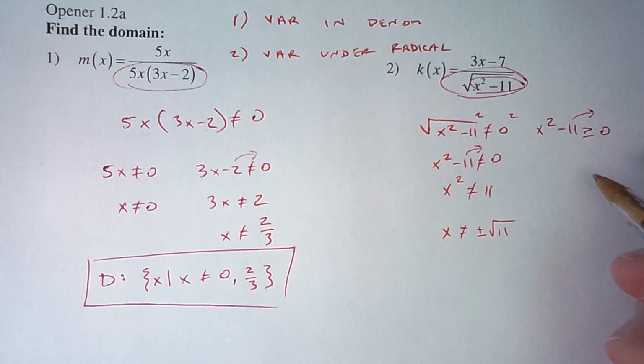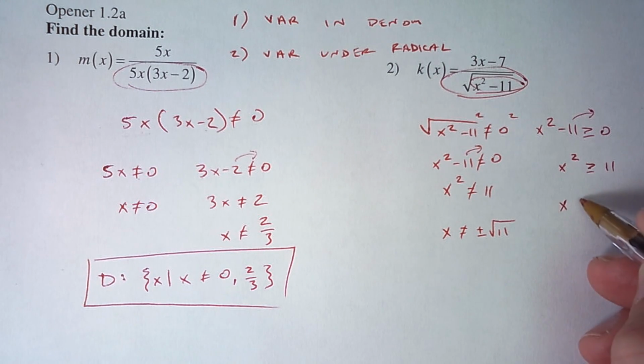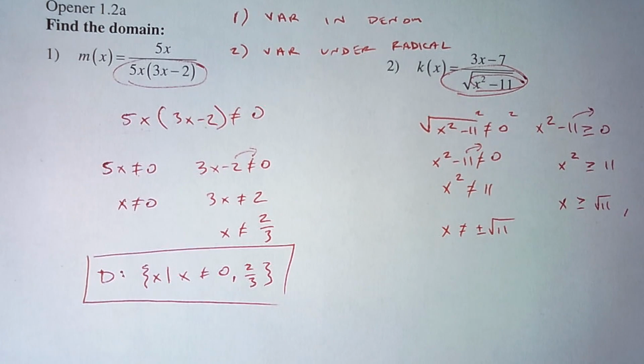Here, I'll move this over. X squared is greater than or equal to 11. Okay, now when I take a square root, this is going to split up into two separate inequalities. X is greater than or equal to the square root of 11. X is less than or equal to the opposite of the square root of 11.